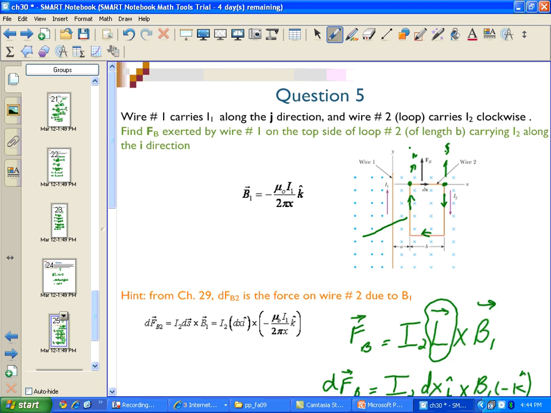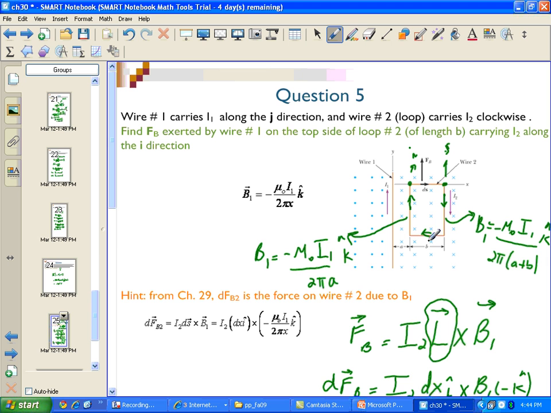In fact, at this location here, B1 is just simply equal to minus mu naught I1 over 2 pi a, and of course that's in the k hat direction. Here, B1 on the rightmost side is equal to minus mu naught I1 over 2 pi (a plus b), and that's also in the minus k hat direction.